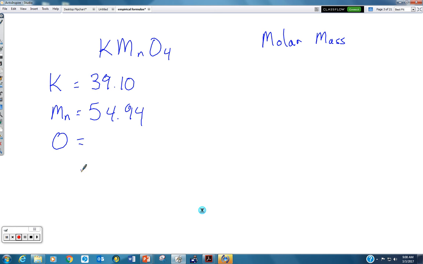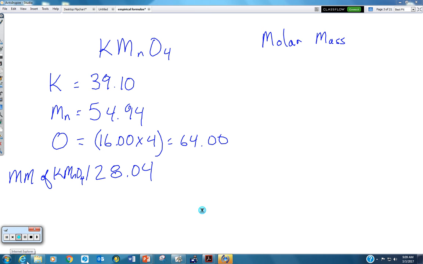And oxygen is 16, but what's special about the oxygen? We have 4 of them, so we need to account for 4 oxygens. So oxygen is going to be 64. Now, what is the molar mass of potassium permanganate?